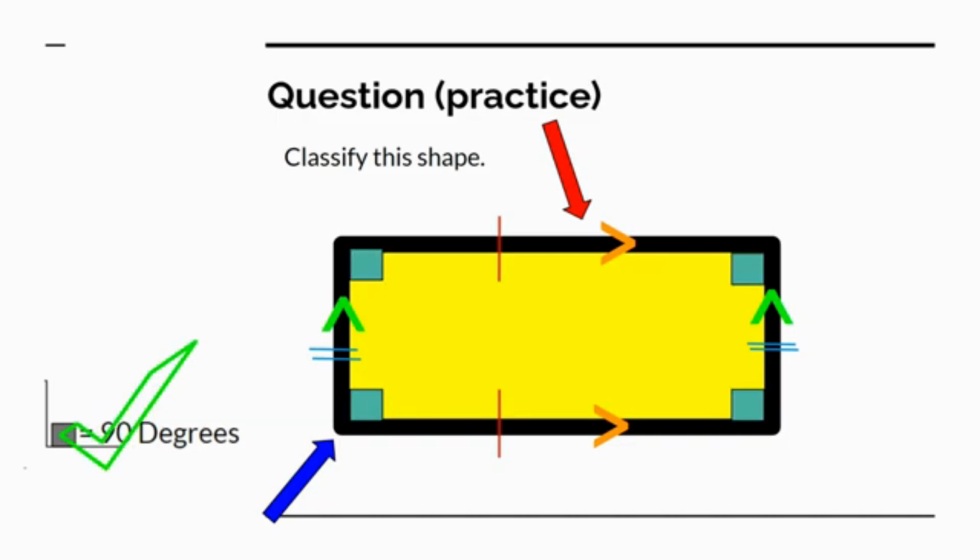Our 90-degree check is complete. Now that we have scored all of our attributes, we can definitely say that this shape meets all the rules for a rectangle, but it also meets the rules for a parallelogram, a polygon, and a quadrilateral. If this shape was a person, it would have a lot of family members.